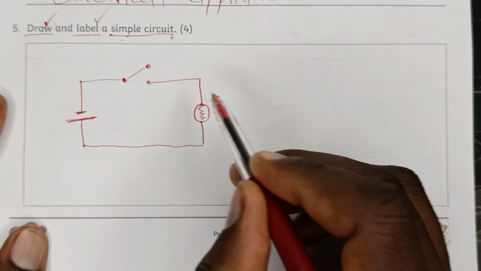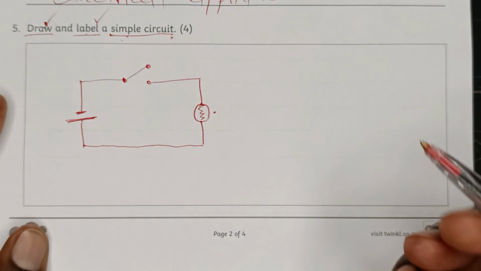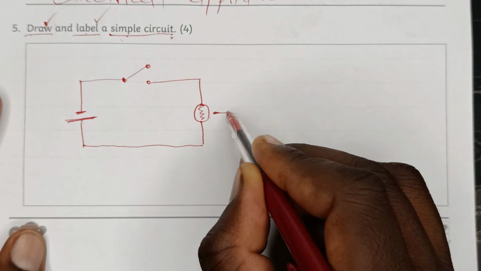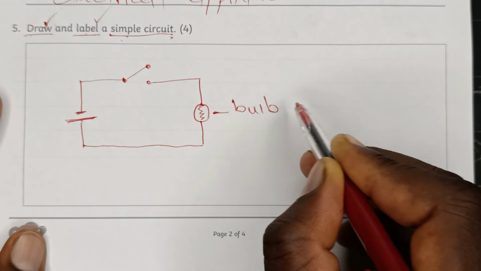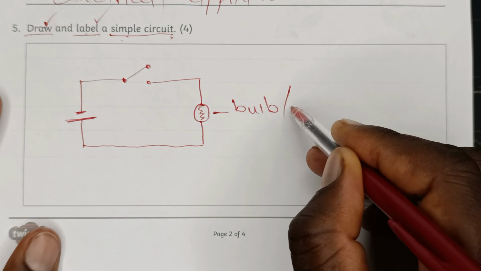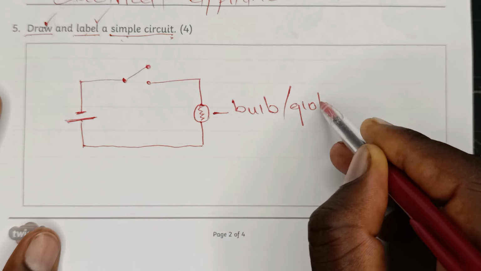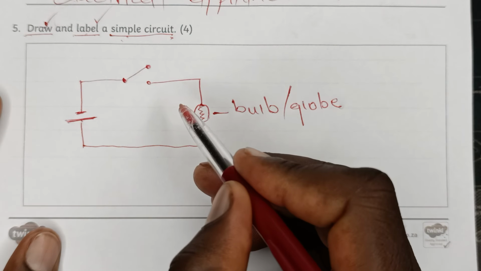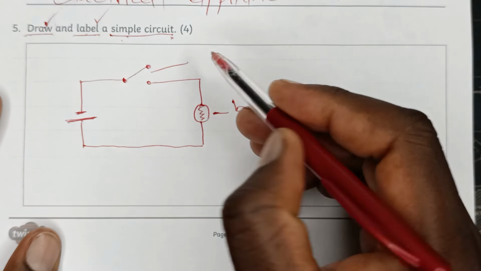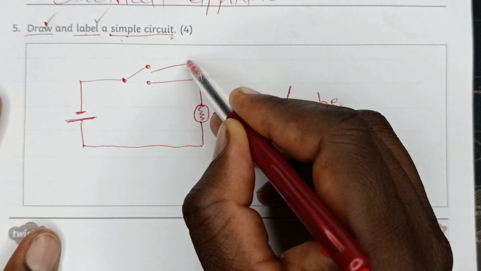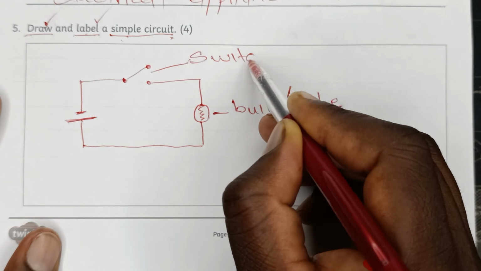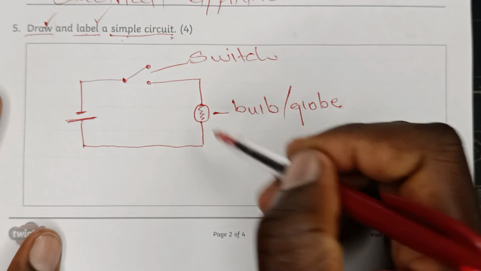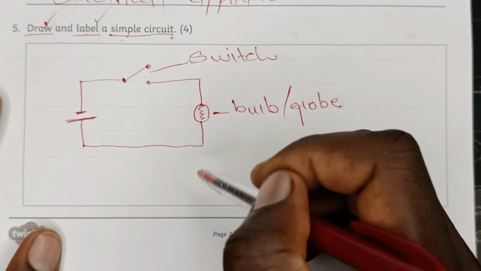So they said you draw and label. Now let's label it. This is a bulb, or some call it a globe. This is a switch, an open switch.